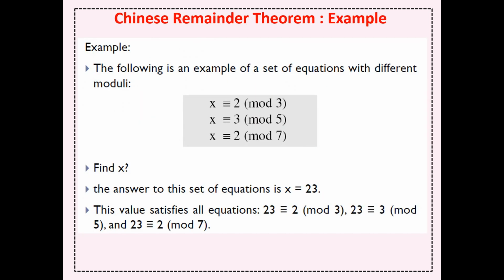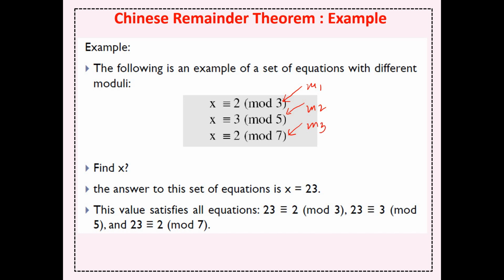Now check this particular example. Whatever happens, you have to find out this x on the left-hand side. If you observe, the following example is a set of three equations with three different moduli, given by 3, 5 and 7. These are my m1, m2 and m3.